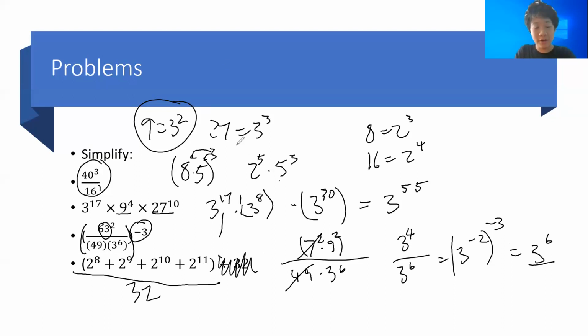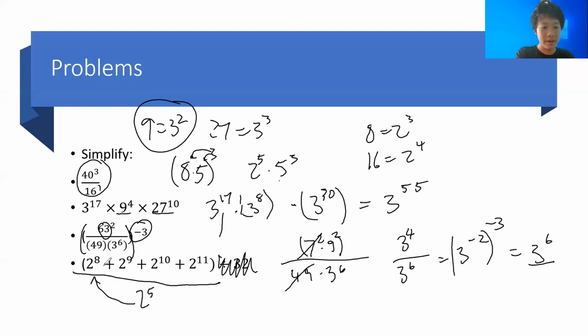So all of that over 32. So now what do we do? We know that we can distribute the 32 to each of these, but we can't just divide them just yet. We got to get them to the same base, right? And all of these are in bases of 2. So let's try to get 32 into a base of 2. Well, 32 is 2 to the 5th. Okay, so now we can distribute it.